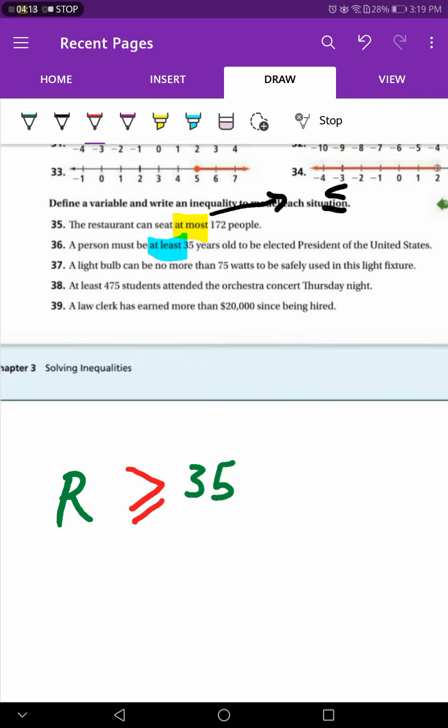And this means at least, you have to draw this. But more than is normally greater than. At least, you have to draw this sign, which is a greater.